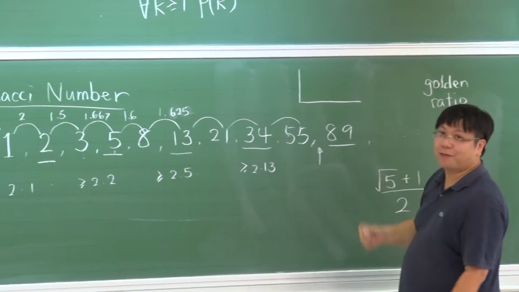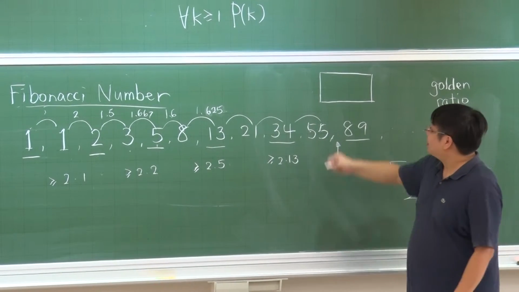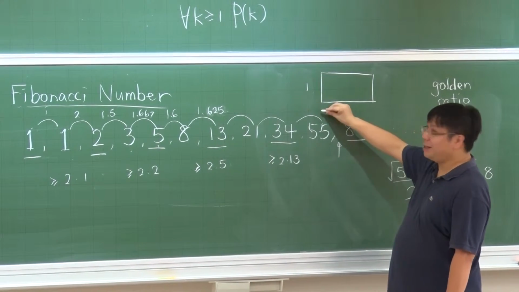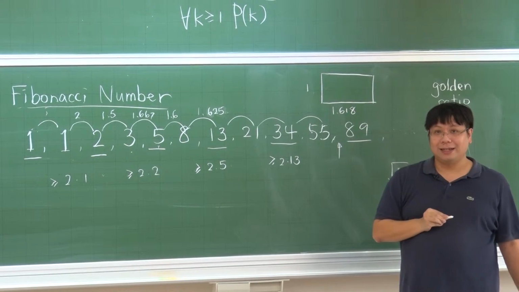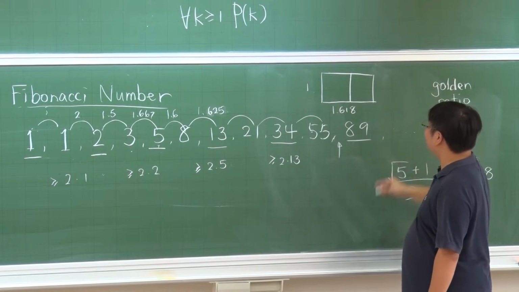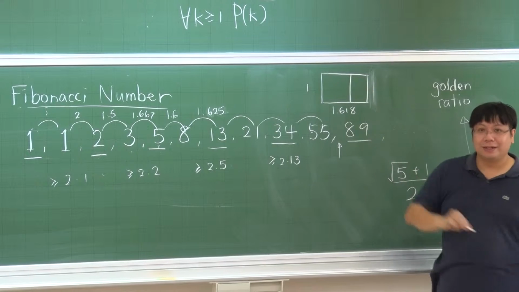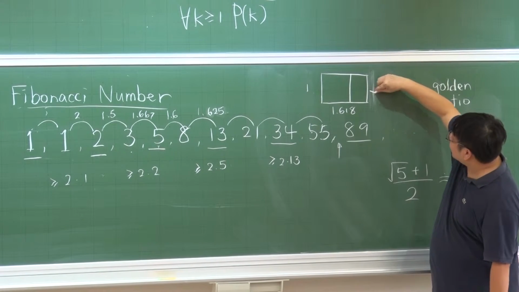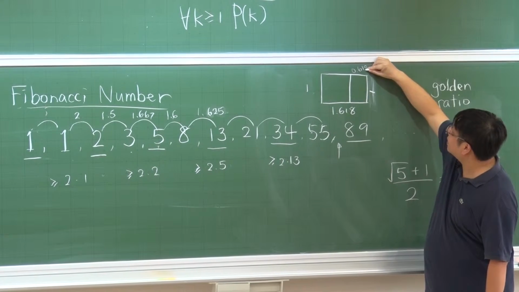So imagine you have a rectangle. Let's say this side is 1, and this is 1.618, the golden ratio. If you cut a square from it, you get a new rectangle. This side is 1, and this side is 0.618.